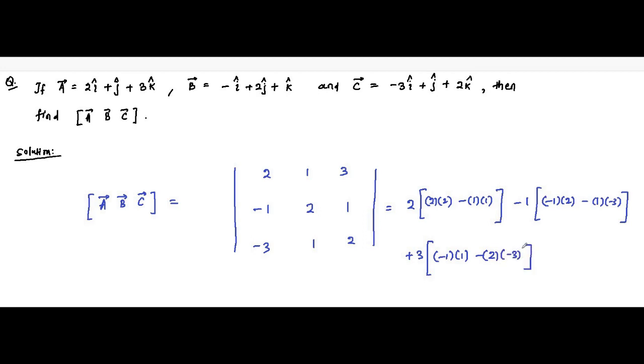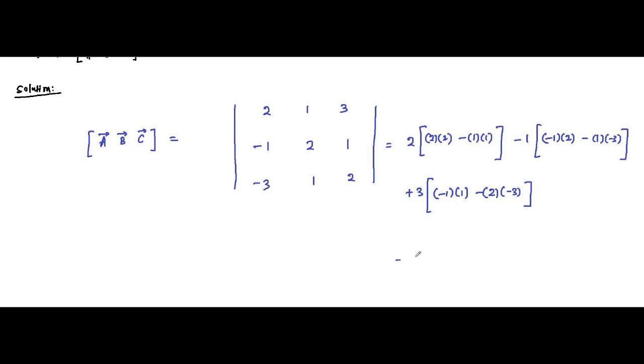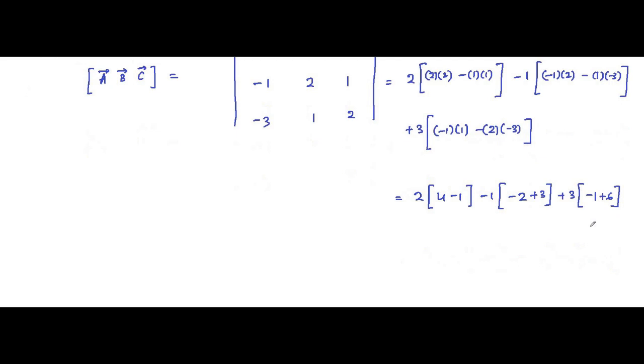Okay, so this becomes 2 into (4 minus 1), minus 1 into (minus 2 minus of minus 3, which becomes minus 2 plus 3), and then plus 3 into (minus 1 minus of minus 6, which becomes plus 6). Okay, this is minus 1 plus 6.